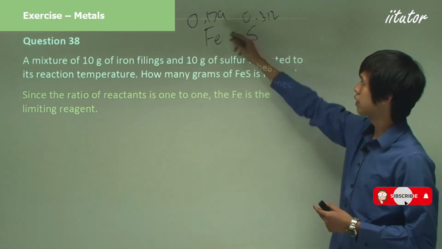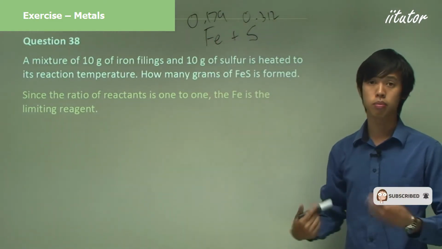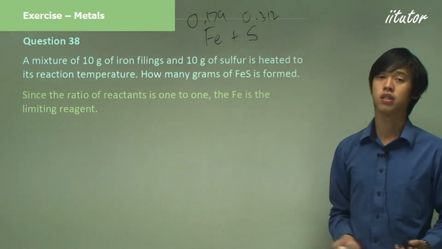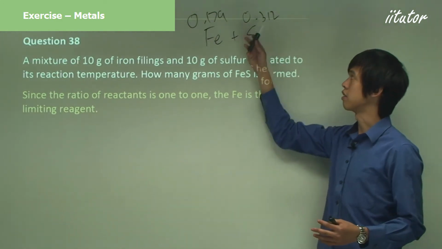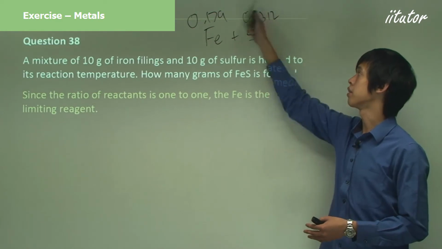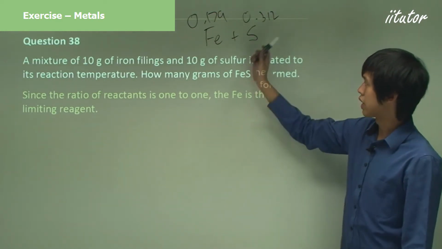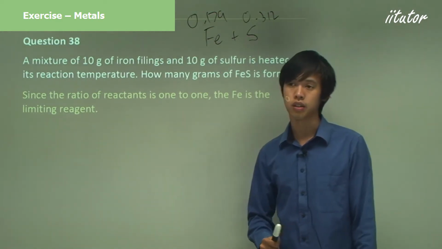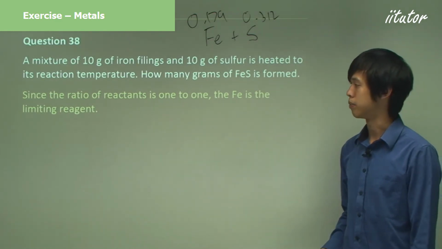So if I have only 0.179 moles, I'm going to use up all of that, and I'm going to have some leftover sulfur, because I can only use 0.179 moles of sulfur in the reaction. So the iron is the limiting reagent here. So we're going to continue using the iron from now on.